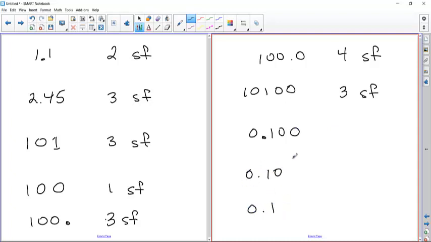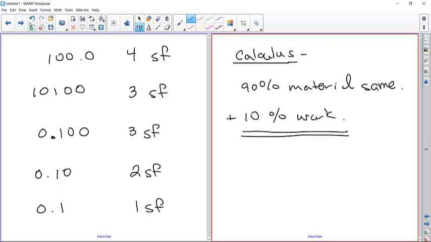If you put these in a calculator, it's going to be the same number. This one is going to be 3 significant figures. This one's going to be 2 significant figures, and this will be 1 significant figure. So by adding these extra zeros, we're saying that the number is more accurate. The measurement is more accurate. We're more certain of the value.